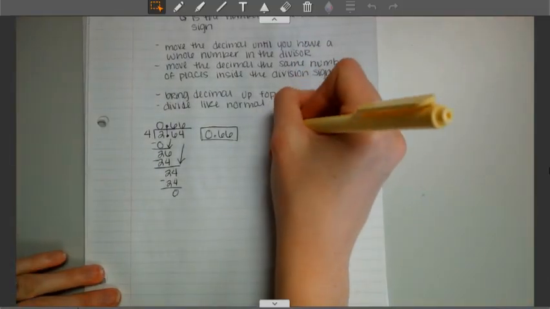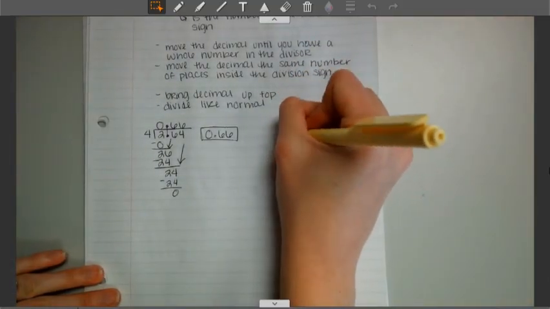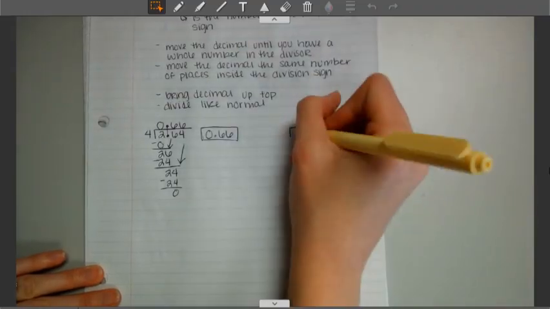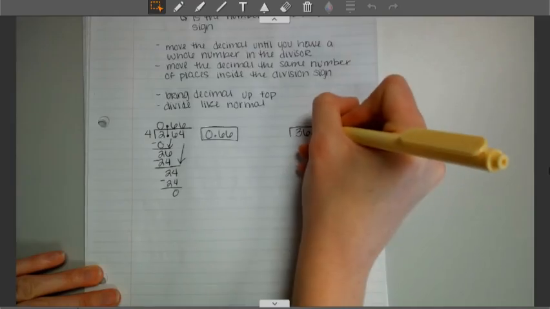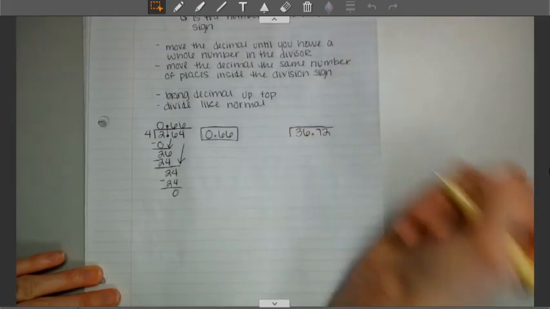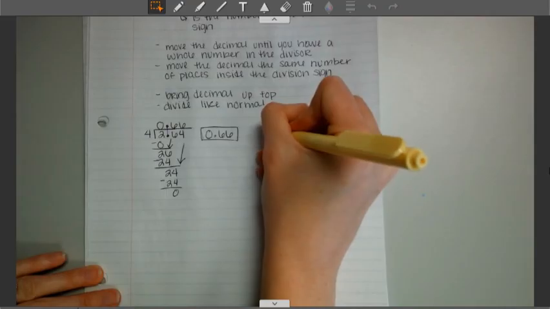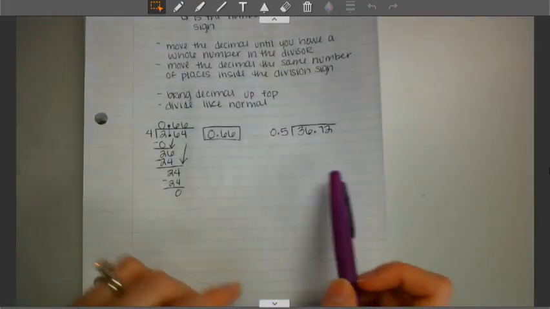Now let's try one where I do have a decimal in my divisor. So let's do 36 and 72/100ths divided by 0.5. I have a decimal in the divisor, which is the number outside the division sign.